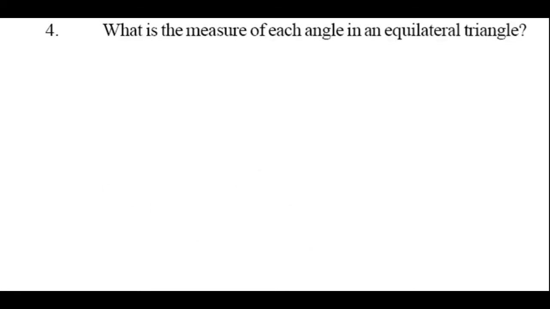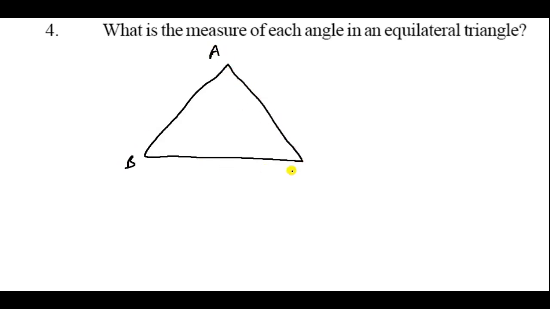Now come to the fourth question. What is the measurement of each angle of an equilateral triangle? As you know, all the angles in an equilateral triangle are always equal. It is A, it is B, it is C. So these angles are equal.